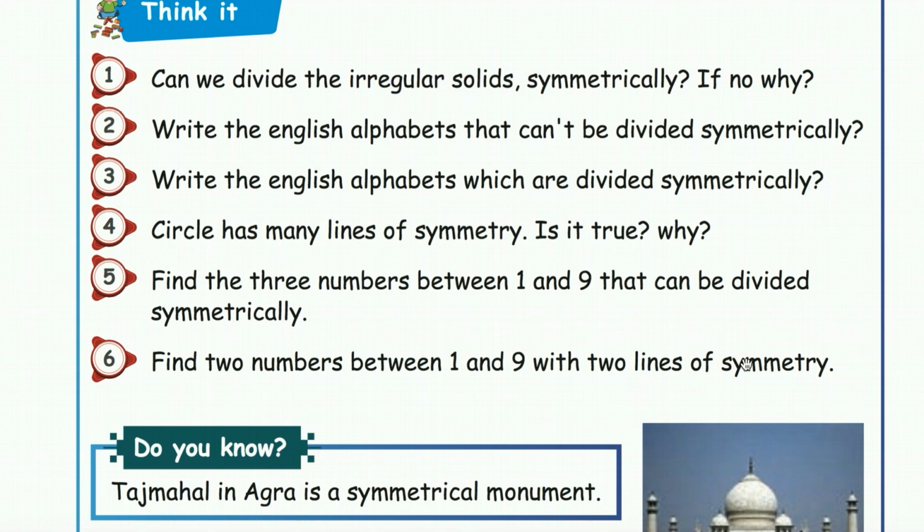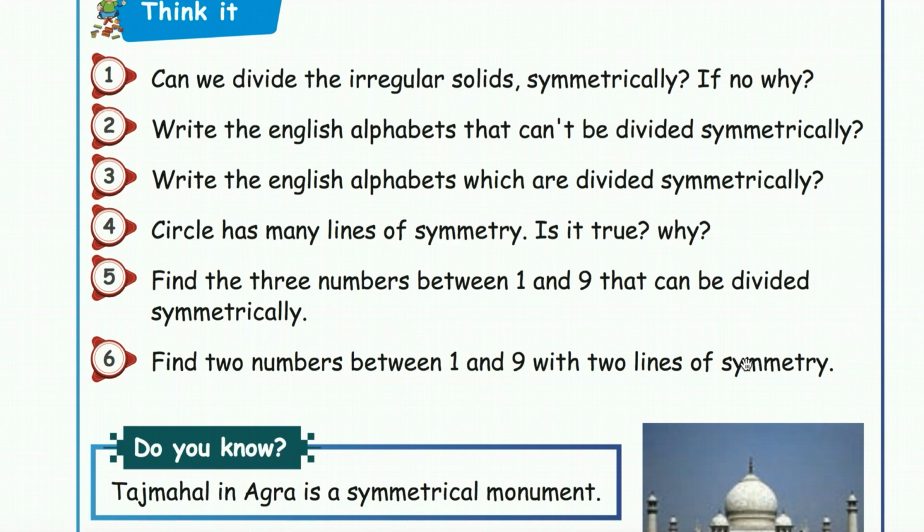Write the English alphabets which are divided symmetrically. There are so many. Just now I told you some of them. A circle has many lines of symmetry. Is it true? Why? Because from the center point to any point on the periphery gives you a radius, right?